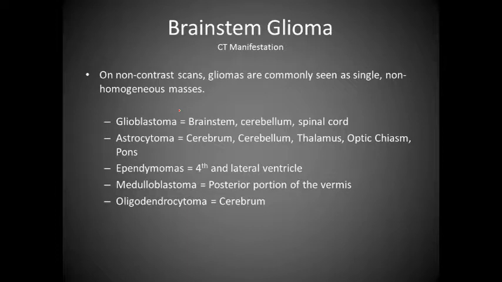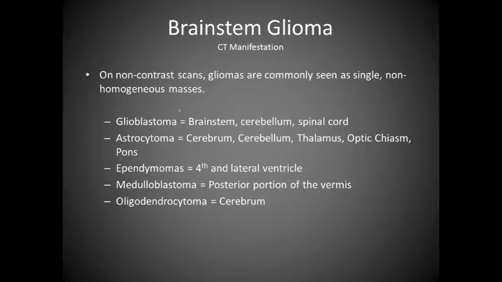So we see on non-contrast scans, gliomas are commonly seen as single, non-homogeneous masses. A glioblastoma will occur usually in the brainstem, cerebellum, and spinal cord. The astrocytoma will occur in the cerebrum, cerebellum, thalamus, optic chiasm, and pons. The ependymomas occur in the fourth and lateral ventricles.